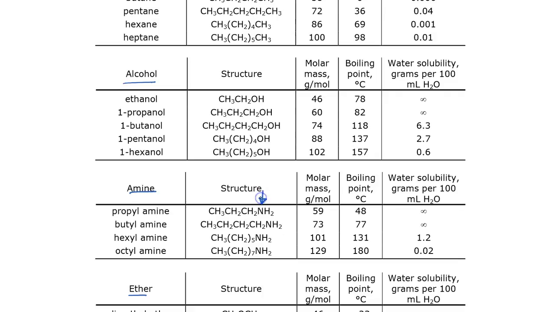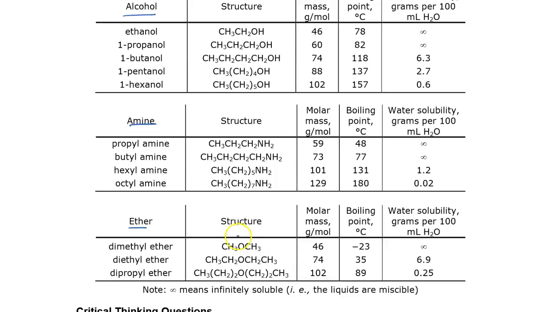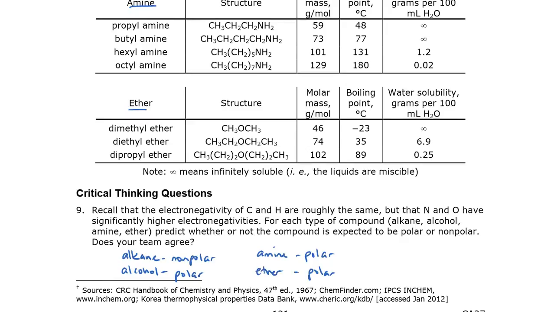In the amines, I have nitrogens bonded to hydrogens and carbons. Those bonds are polar. In the case of ethers, I have oxygens bonded to carbons on either side. Those bonds are polar. Does that make sense? So anytime I have an alkane or just a hydrocarbon, which would be other kinds of molecules we haven't learned yet, but anything that just has carbon and hydrogen, probably going to be nonpolar.